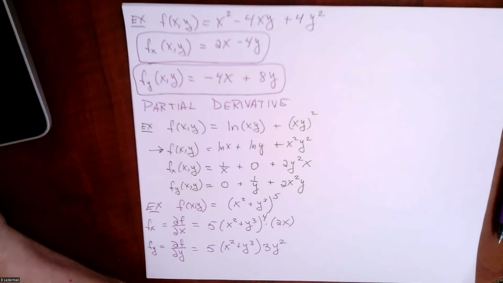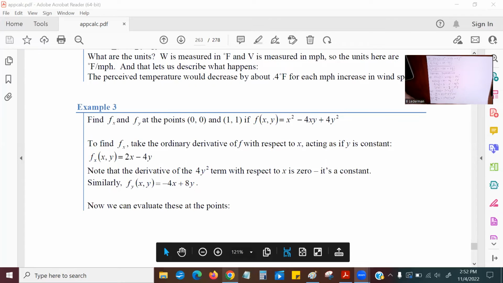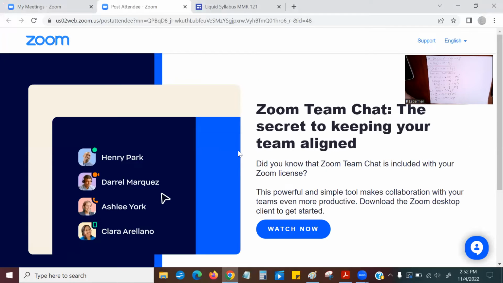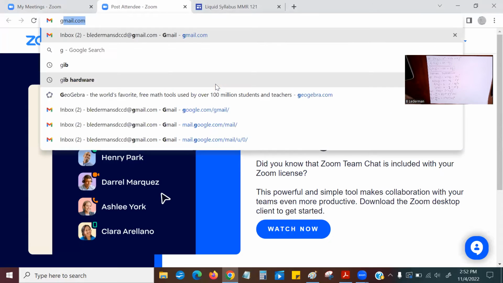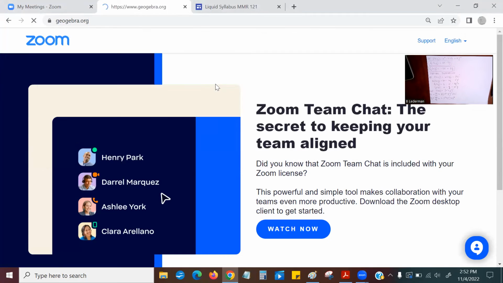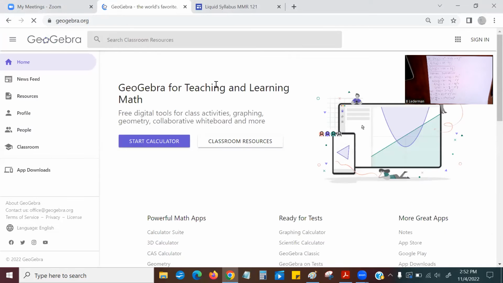Now I want to look at this top function here, f of x y equals x squared minus 4xy plus 4y squared. And I want to graph that. So let me share my screen with you. Now I'm not graphing it in decimals like I usually do. I'm going to graph it in GeoGebra because this is a three-dimensional function.